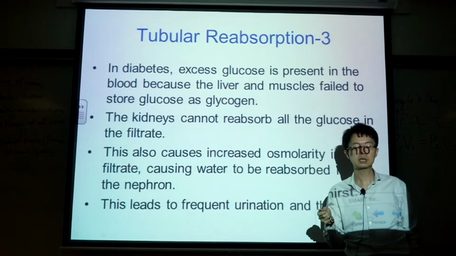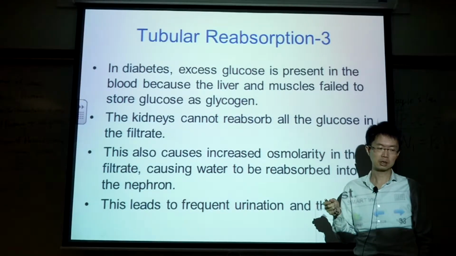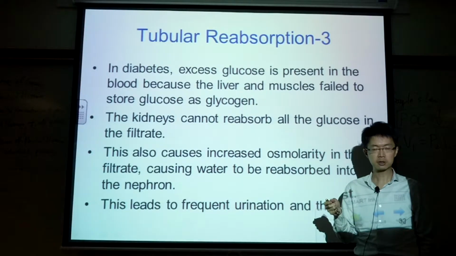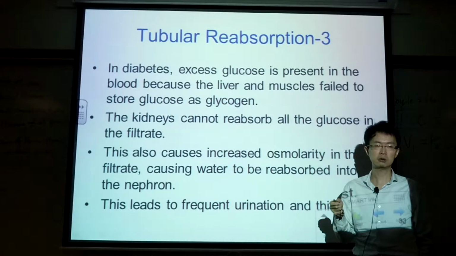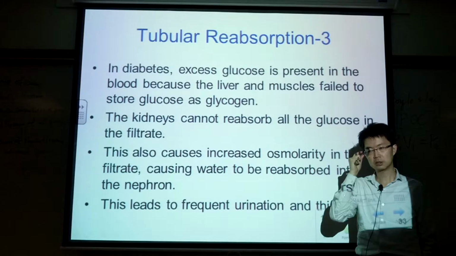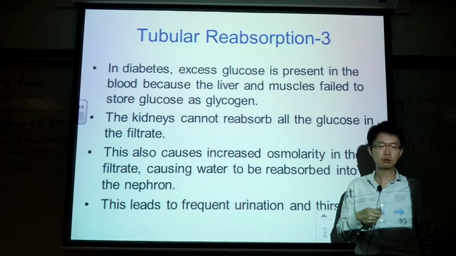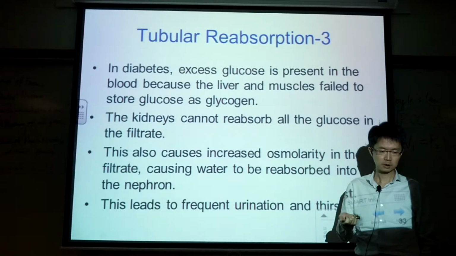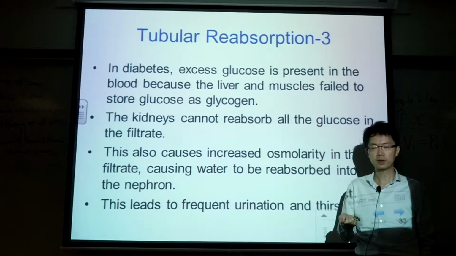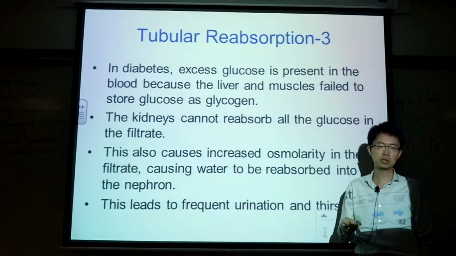One of the reasons for type 1 diabetes is that the pancreas cannot produce insulin. Type 1 diabetes is like the people who are born with these defects, the pancreas cannot make insulin.